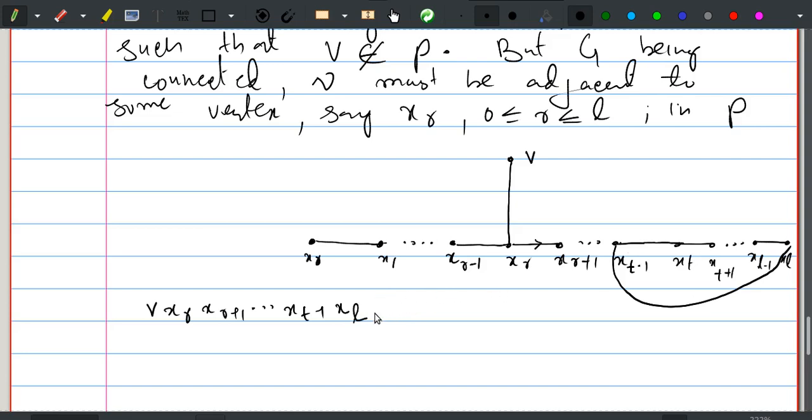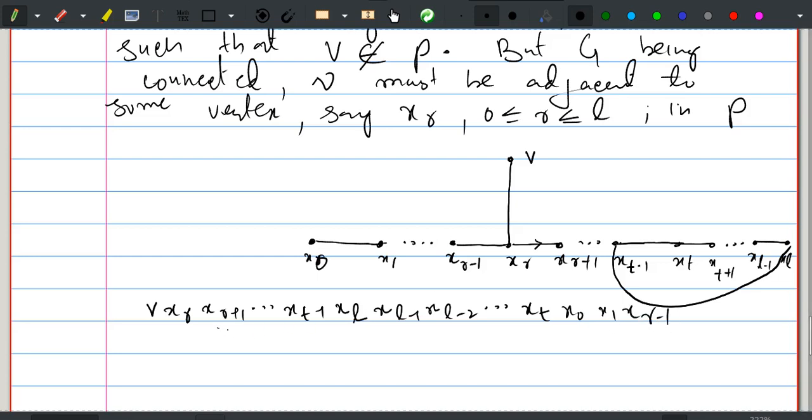So XL goes to XL minus 1, XL minus 2, so on to XT. Once we reach XT, XT is adjacent to X0, so we can jump to X0 and travel the remaining path to XR minus 1. So it is X0, X1, so on, XR minus 1.